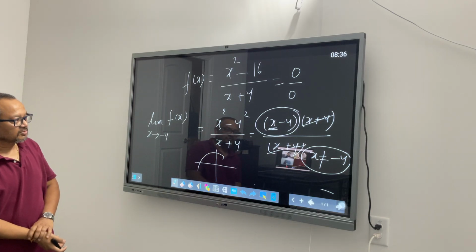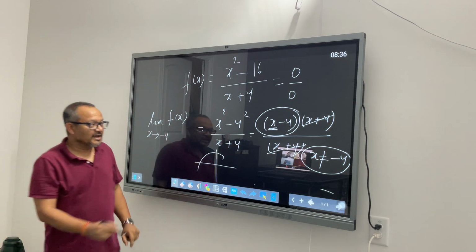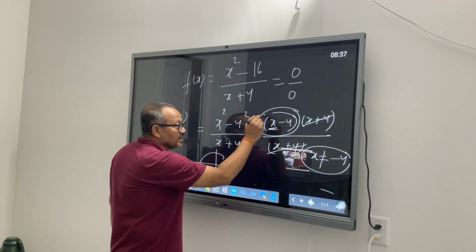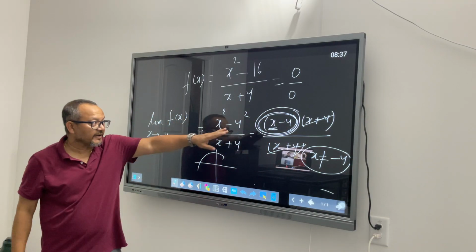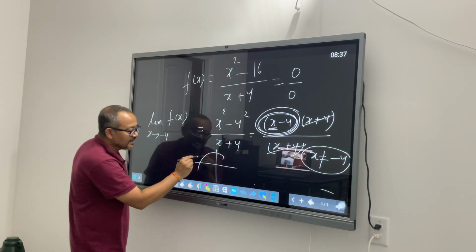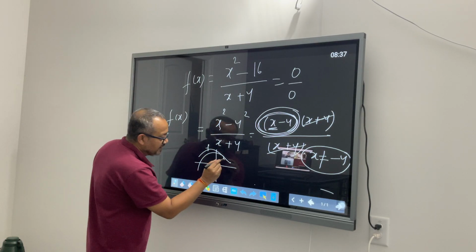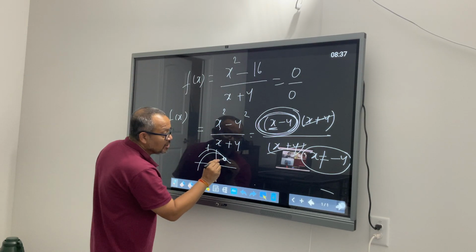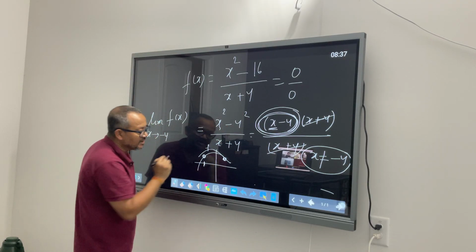Sometimes I get lost in my own story. So coming back: the function's value is x minus 4, so any value of x you put in gives a legitimate, real value. It only has a problem when x is equal to minus 4.